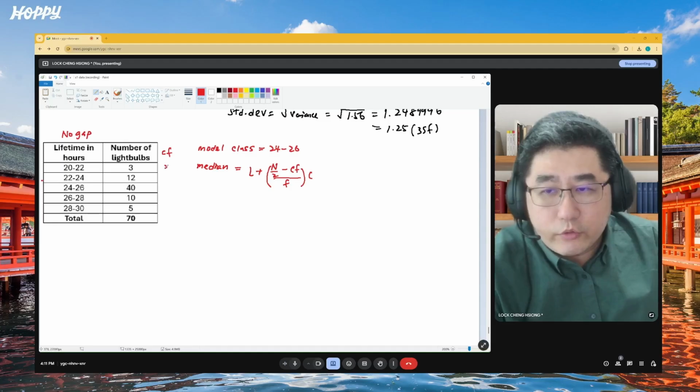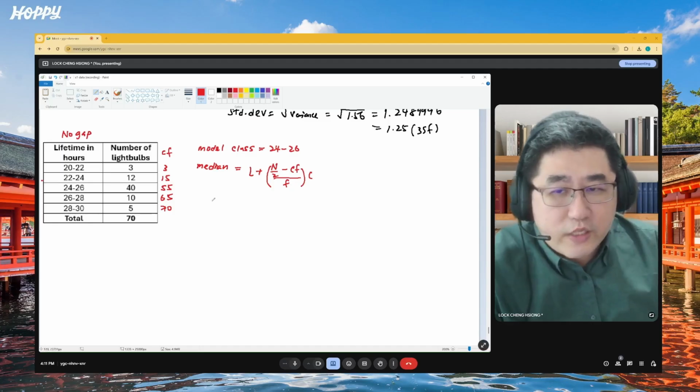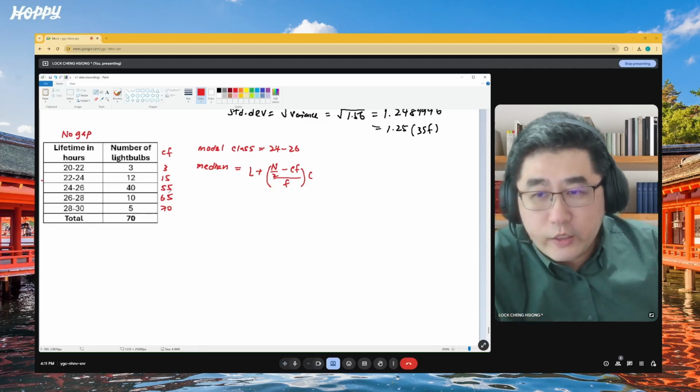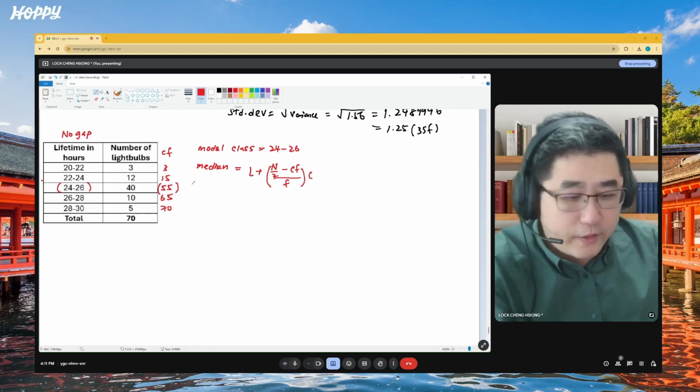From the first group I have 3, then 15, then 55, then 65, then 70. I have a total of 70 data. 70 divided by 2 is 35. 35 lies within 24 to 26.